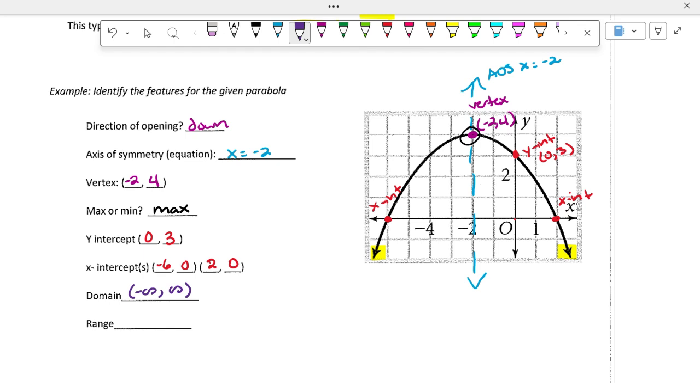Does anyone remember another way we could state that? There's a phrase that we can use for that. Instead of saying from -infinity to +infinity, we can say the domain is blank, blank.